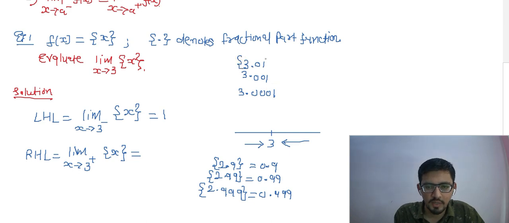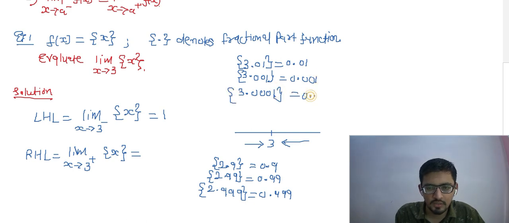What is the fractional part of these? These will give you 0.01, then 0.001, and then 0.0001.